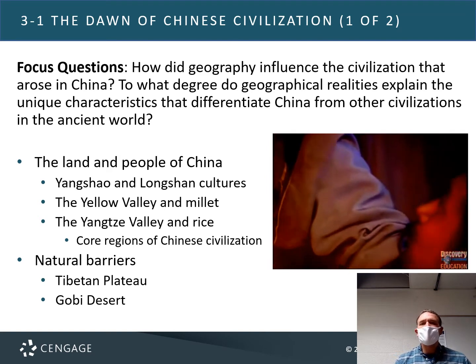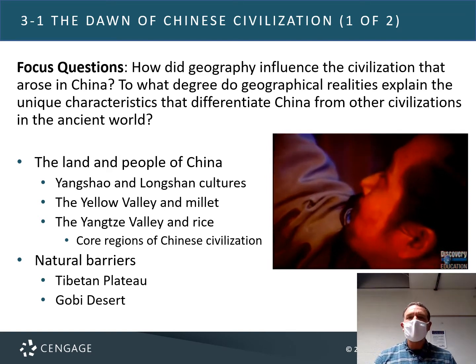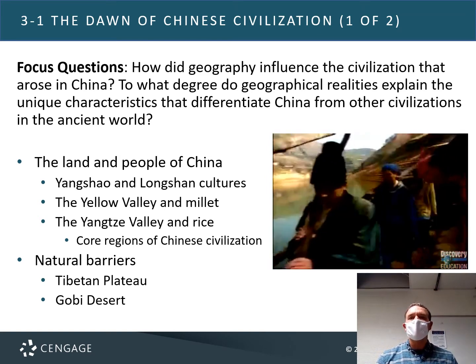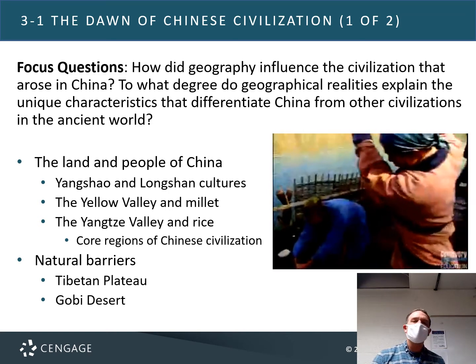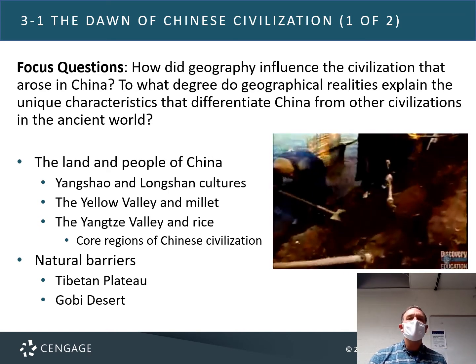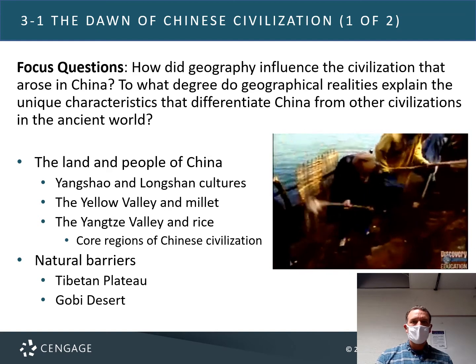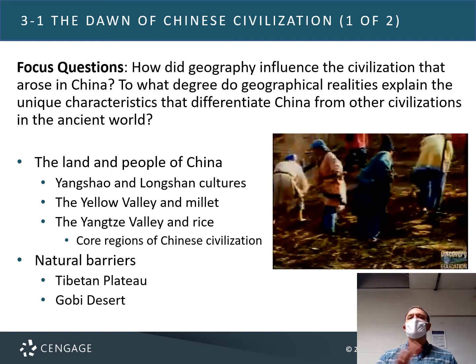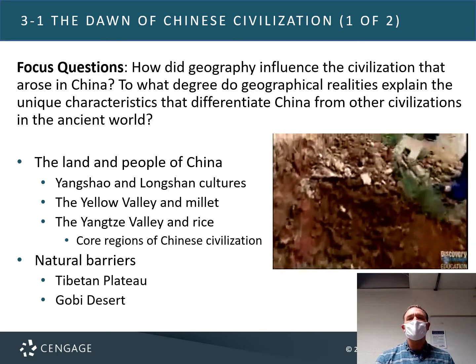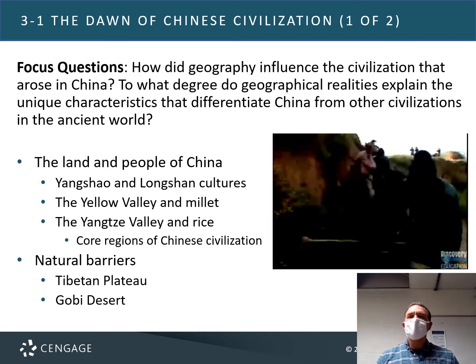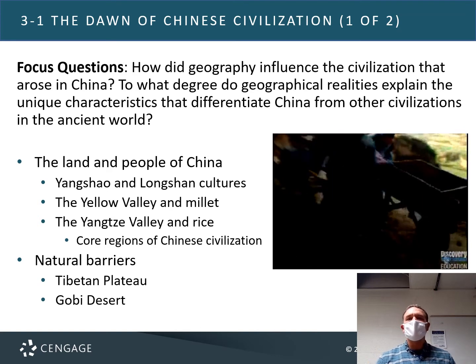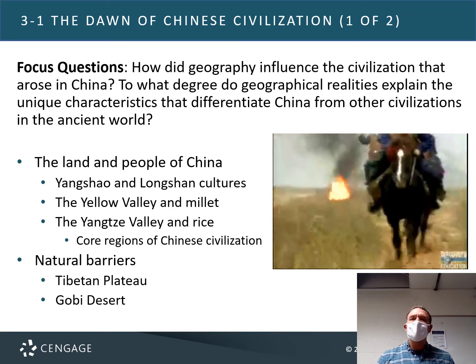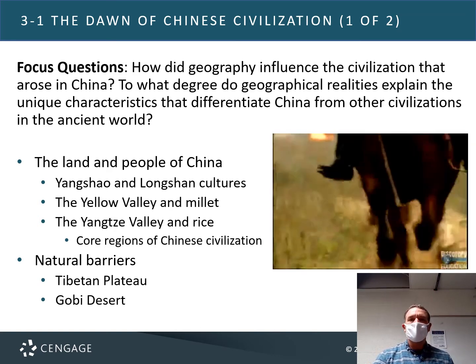Now, while the valleys eventually became among the greatest food-producing areas of the ancient world, in fact, only about 12% of the land is even suitable for farming. Most of the rest of China is made up of mountains and deserts that encircle the country on its northern and western frontiers. This served to isolate ancient China from the rest of the ancient world, including more advanced societies in other parts of Asia.